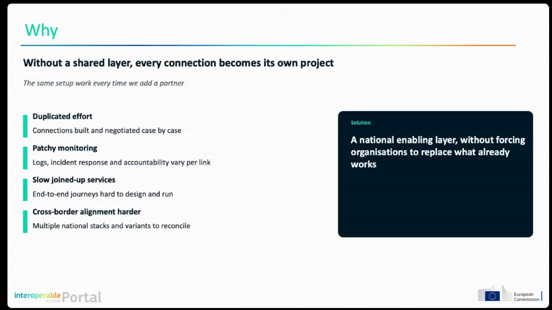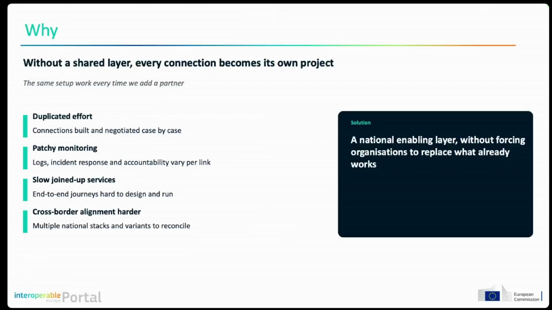Why did we build this? This started in 2018. We saw an uptick in the use of APIs, and every project that was communicating with another organization was building their own connection. One of the hardest things is to actually go from inside your own organization through a few infrastructure layers to reach the internet or a closed network solution, and then going into the other organization.